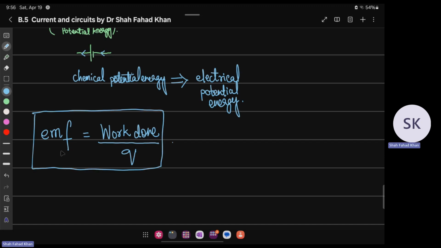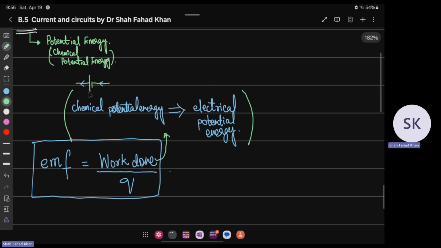So from now on you should know that EMF is the work done per unit charge, but remember that this work done is a conversion from a non-electrical form to electrical.